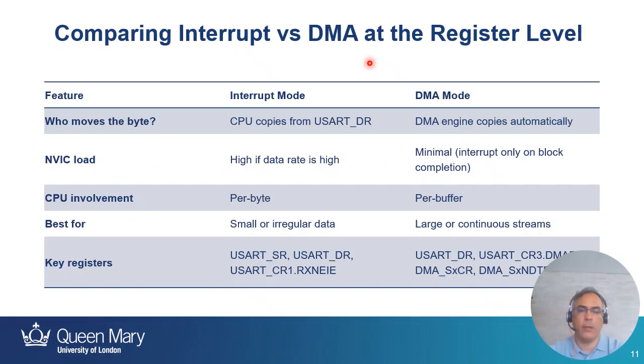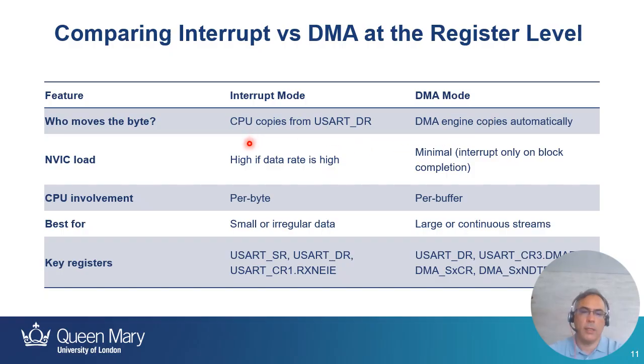So here we have a comparison between interrupt and DMA driven data handling at the register level. We can ask who moves the byte. In interrupt mode, the CPU copies from the USART data register. In DMA mode, the DMA engine copies automatically.